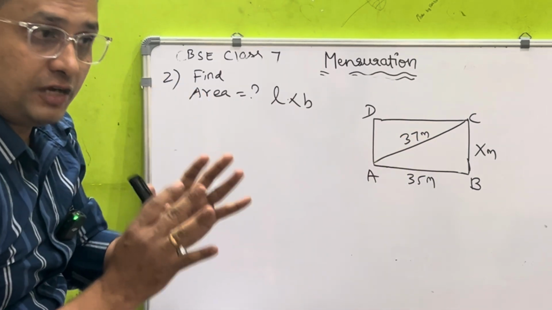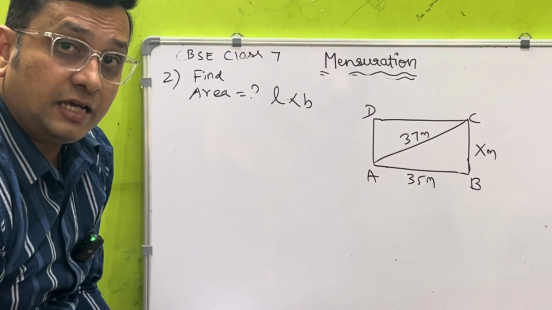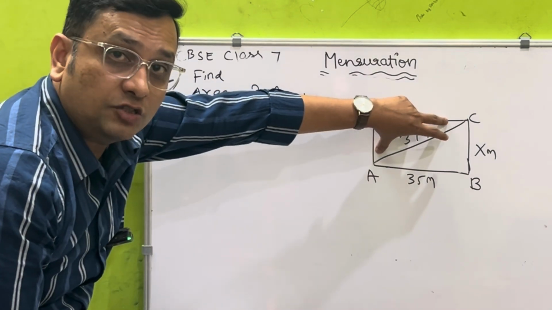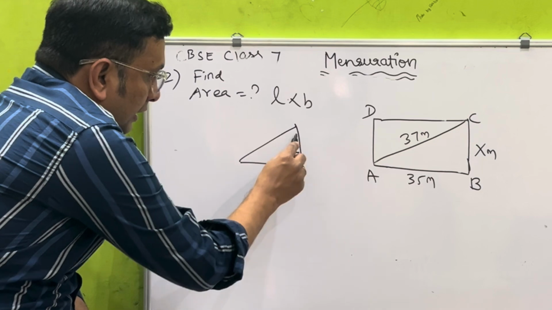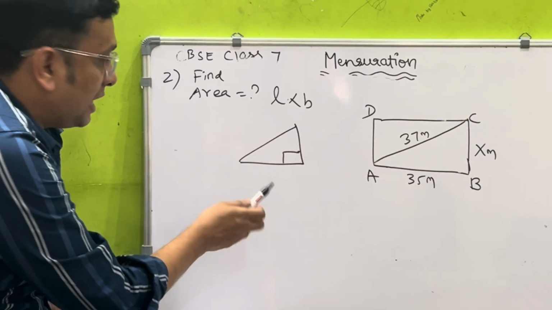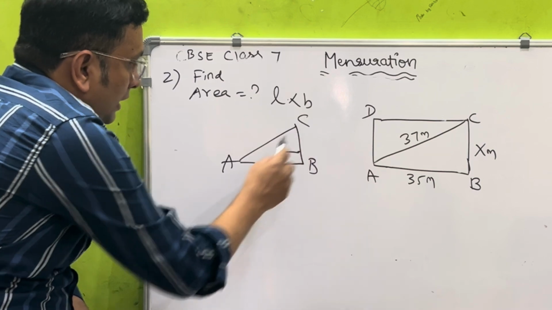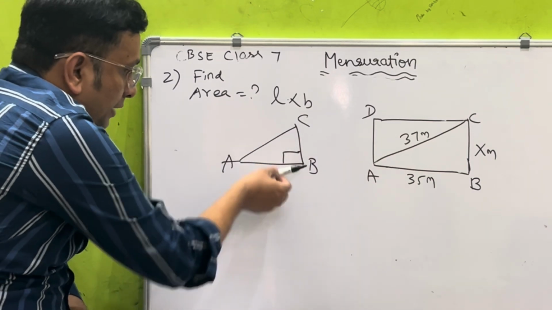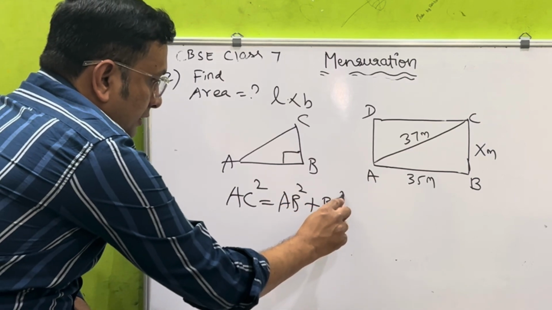So carefully, whenever the diagonal information is given, recall the Pythagoras theorem. What is the Pythagoras theorem? This is called the hypotenuse. Whenever a triangle has a 90-degree right angle, AC square is equal to AB square plus BC square.